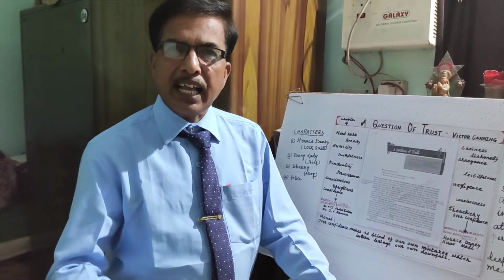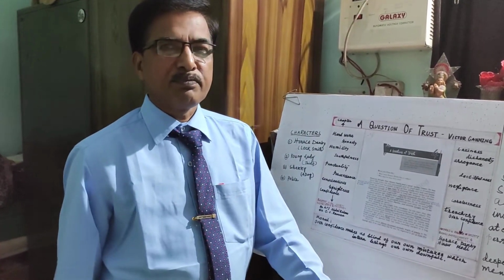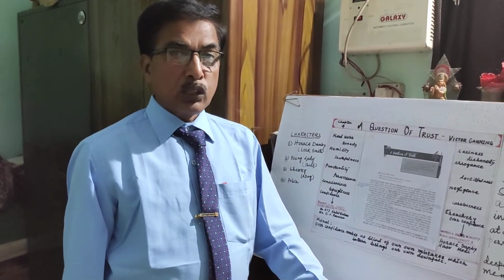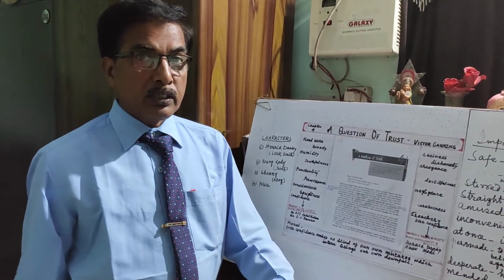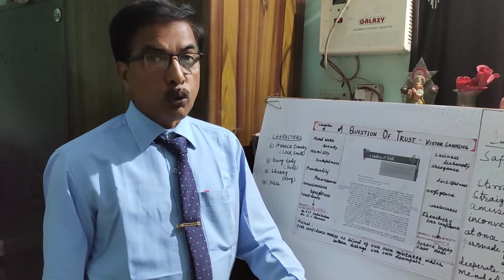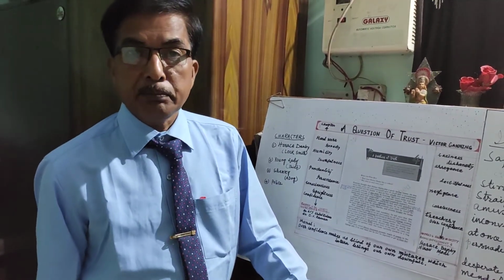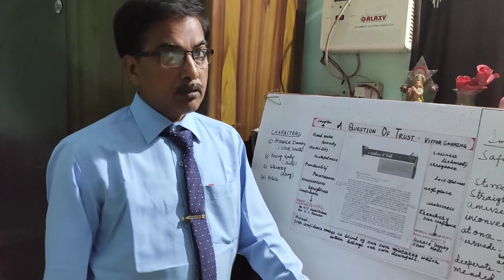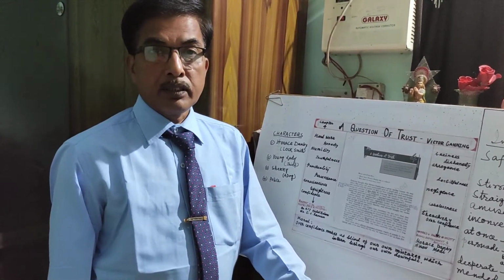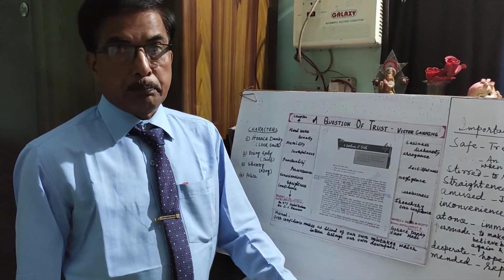A strange thing happened. There was a dog in the house. As the dog saw this strange person, the dog immediately woke up and barked at him. But Horace Danby is an expert thief.